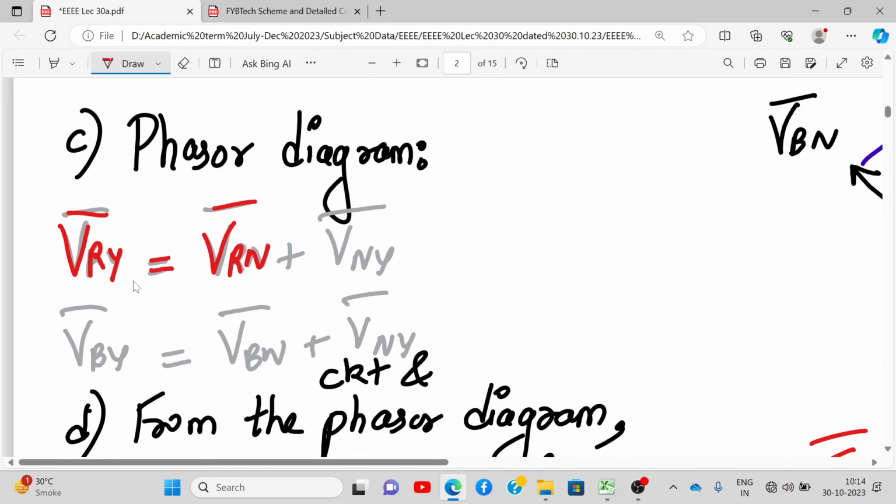Actually, we can write minus VYN, but we have written VNY. And here it is VBY. This line voltage is VBN. We can write minus VYN, instead we are writing plus VNY. So with the help of this, we can draw the diagram.